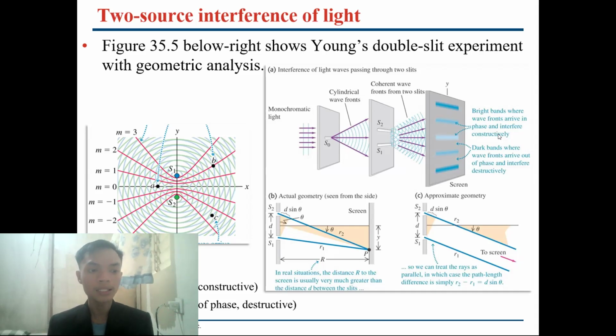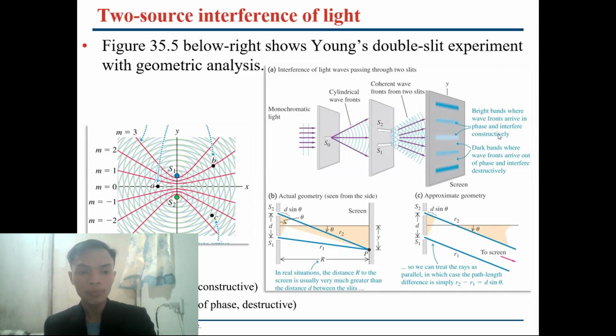So Young's double slit experiment demonstrated that light behaves as a wave. Monochromatic light passes through two slits, producing bright and dark fringes on a screen. So the constructive is given by d sin theta equal to m times the wavelength.